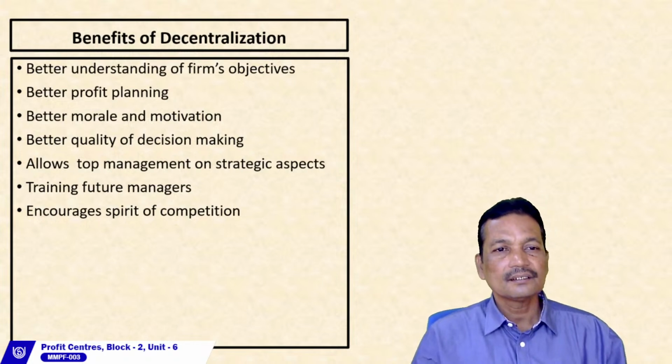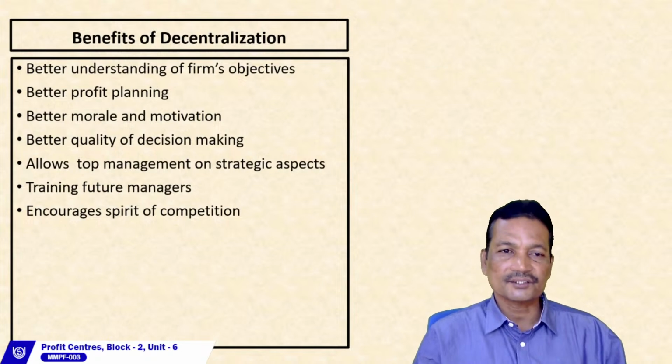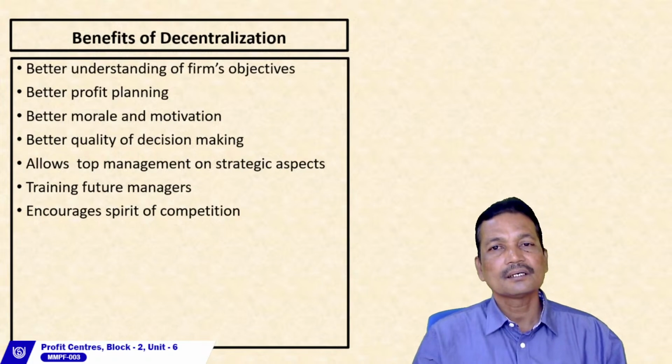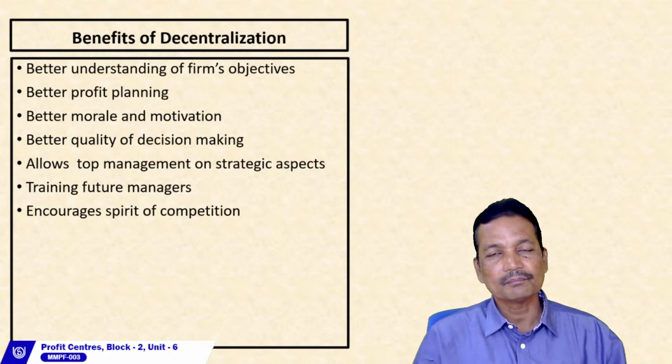Third is the morale and motivation is, we can say, increased. Why? Now the manager has the authority and the autonomy. They will work in order to achieve the objectives of the firm.